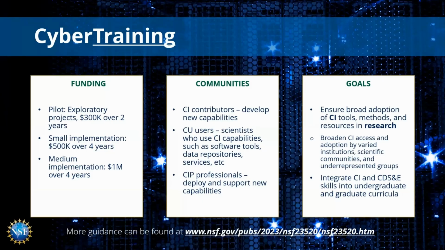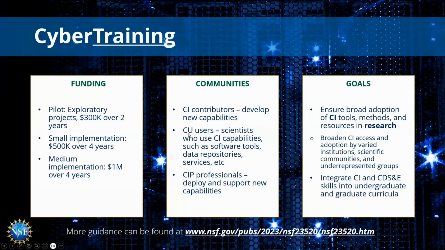Broadening could be based on demographic characteristics, but it could also be based on institutions, scientific communities, and so on. So there's a wide variety of ways in which you can broaden access. This is particularly relevant to some of you who have restrictions on what type of broader impact you could deliver. It could be by geographic region, or by a variety of different factors that you actually broaden access.